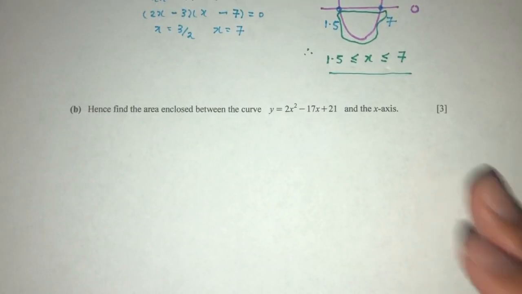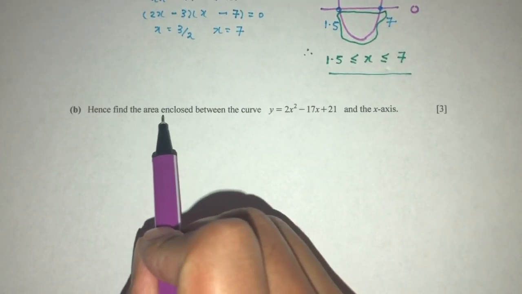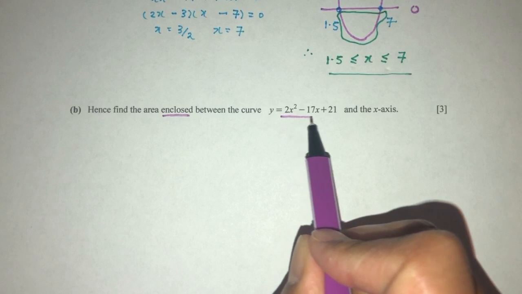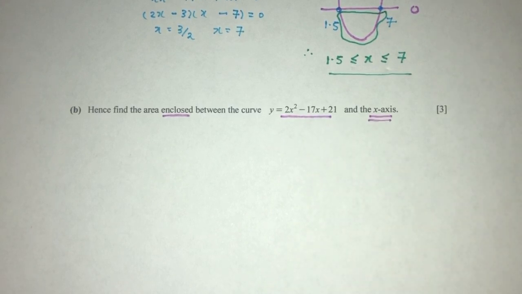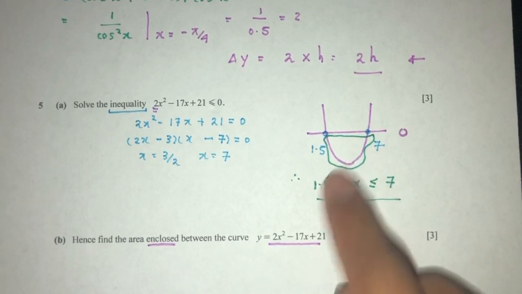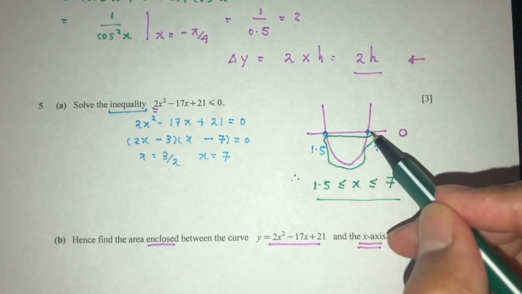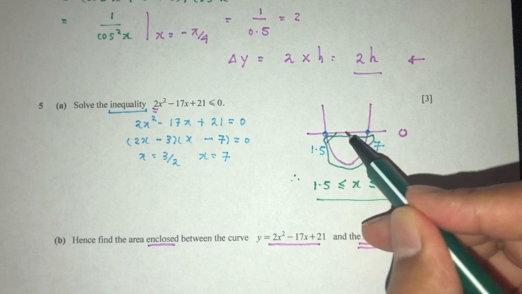Now for part B, hence find the area enclosed between the curve and the x-axis. Pretty easy. From this we have an understanding that the area enclosed will be something like this. Here we have the points where it touches your x-axis, so that will be the area enclosed.